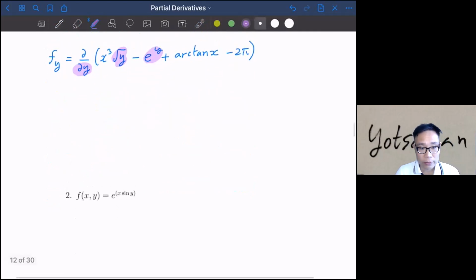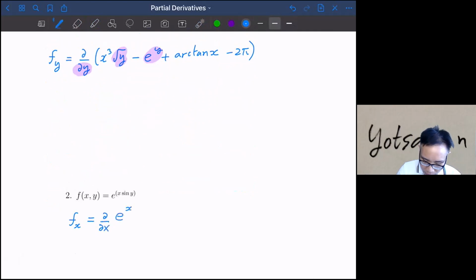The next one, you have f(x,y) equal to e to the x sine y. So for this one, you need fx. Okay, so it's going to be d/dx of e to the x sine y.